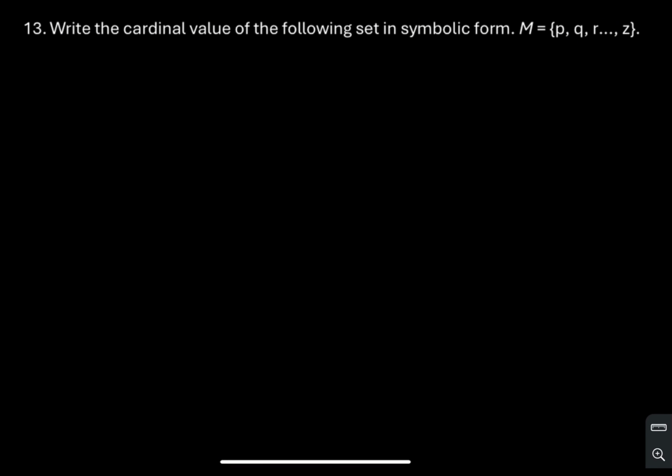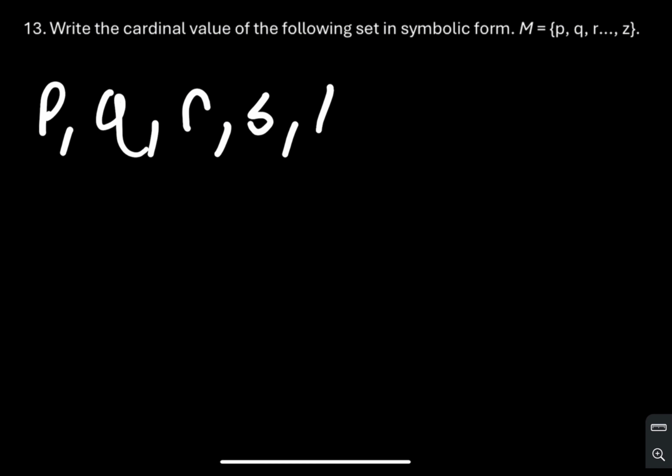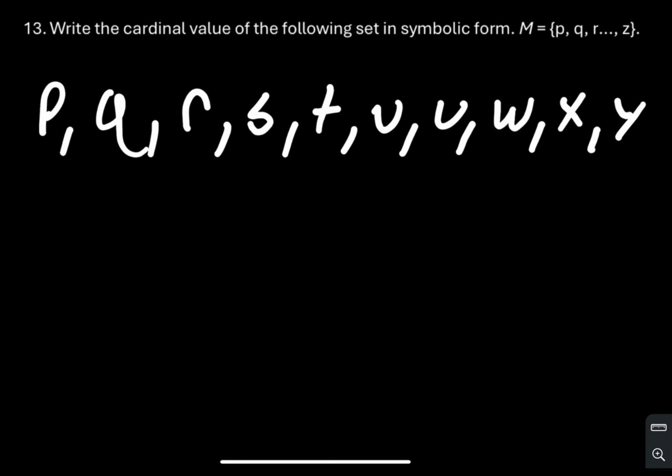So for this 13th problem, it says write the cardinal value of the following set in symbolic form. So we have set M is equal to P, Q, R, all the way till Z. So our elements are in roster method, so we need to list this all out. So we have P, Q, R, S, T, U, V, W, X, Y, and then Z. So we need to count our elements in this set.